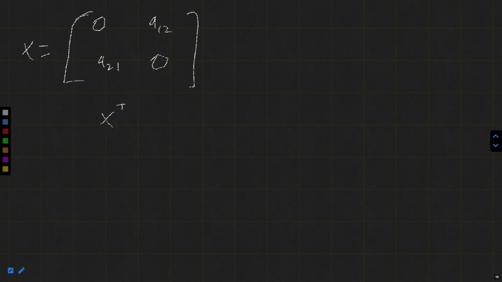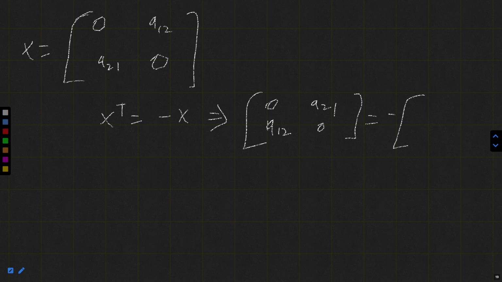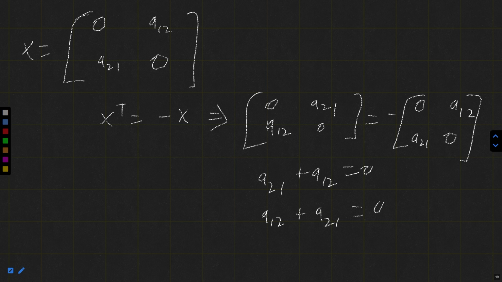Skew also says that X transpose must be minus X. So X transpose, which is 0, a12, a21, 0, must be the same as minus of 0, a12, a21, 0. This means that a21 plus a12 must be 0, and a12 plus a21 must be 0. That sum must be 0.